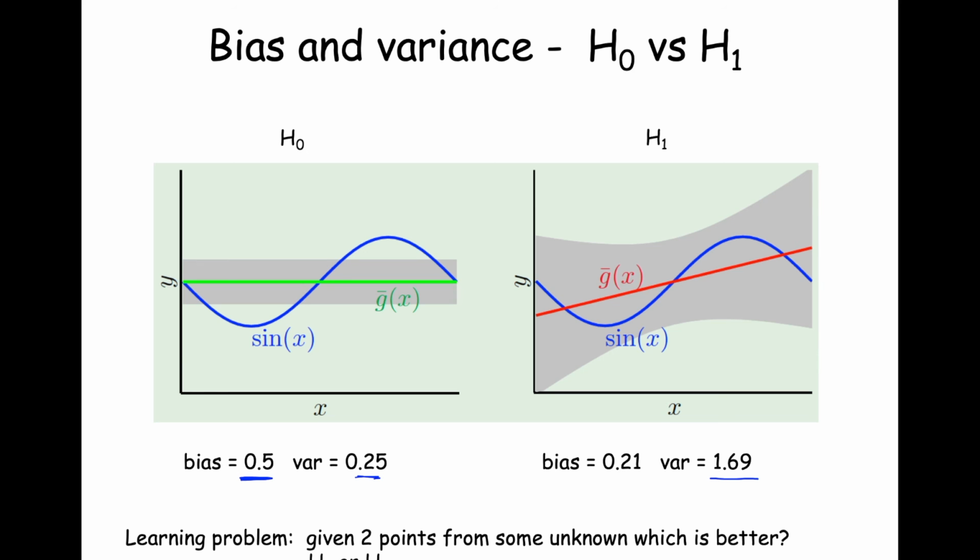And if we add bias and variance for H1, that's much, much larger. And so that means that H0 is a better choice of hypothesis set for this learning problem.